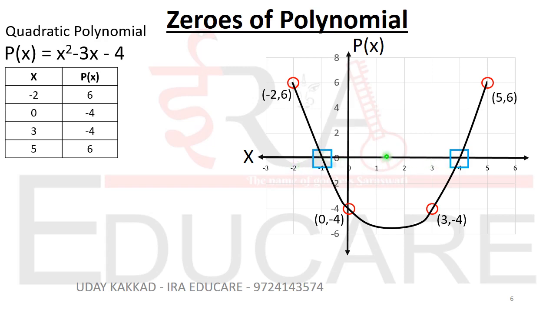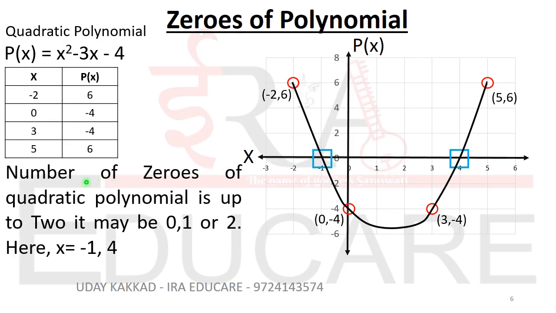So these are the 2 points where the graph intersects the x-axis. So this polynomial has 2 zeros.